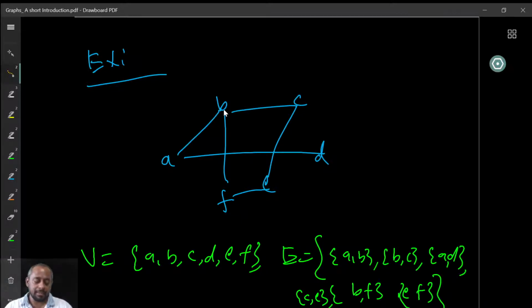Now, since AB is an edge in the graph, I'll draw a line segment connecting A and B, and similarly for BC, AD, BF, CE, and FE. So all these edges are drawn as line segments here. And so we can see that this graph is precisely the graph which is drawn here.